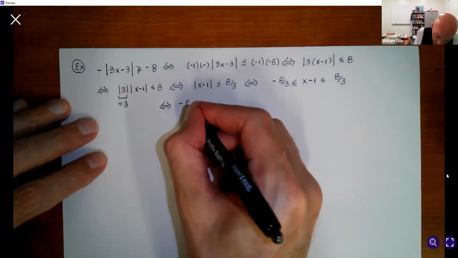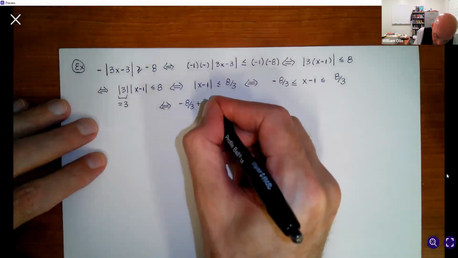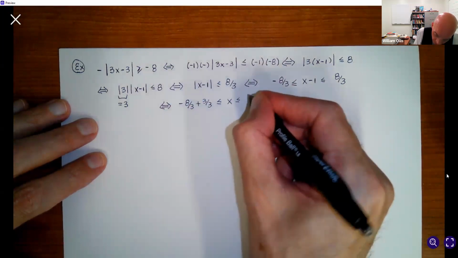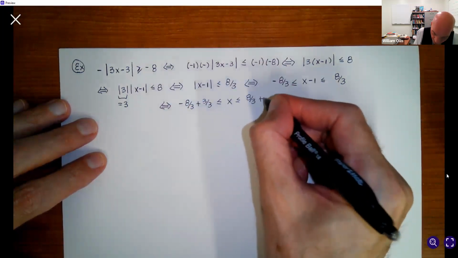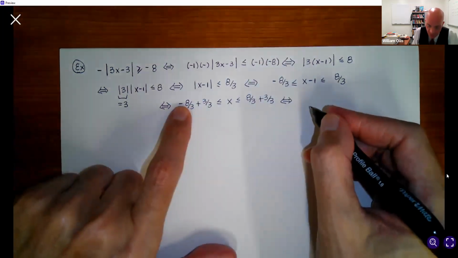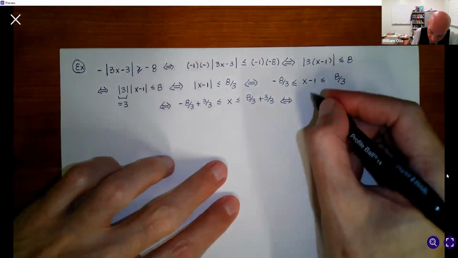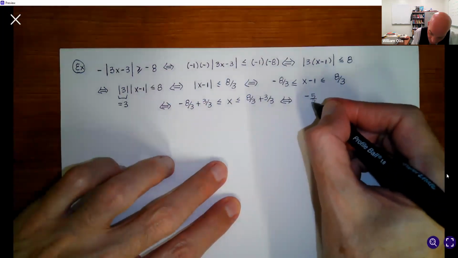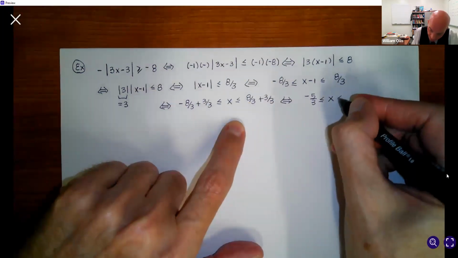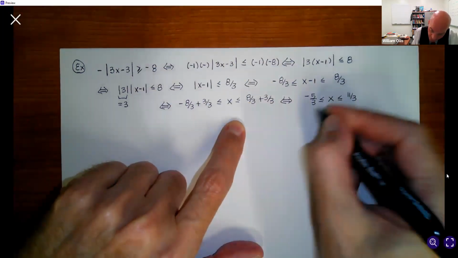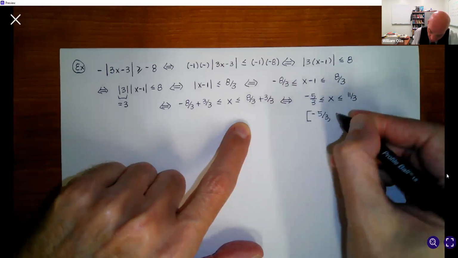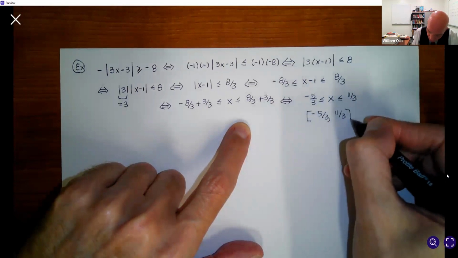So we have -8/3 plus 3/3 less than or equal to x less than or equal to 8/3 plus 3/3. Okay, and so a -8 plus a 3 is a -5, so we get -5/3 less than or equal to x, and of course 3 plus 8 is 11, less than or equal to 11/3. So now we can just write that as a closed interval, -5/3 to 11/3 closed.